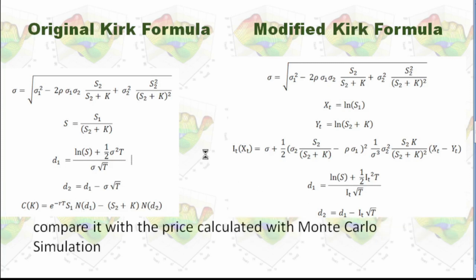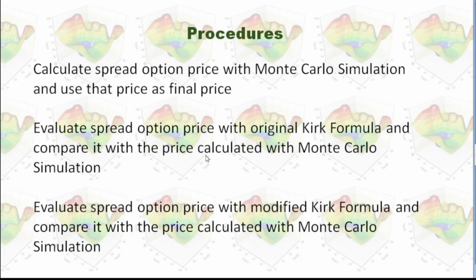Okay, so in this video, we will calculate the spread option price with Monte Carlo simulation first, and then use that price as the final price. Because we don't know the real price of this spread option, we just use Monte Carlo simulation to calculate that price and use it as the real price.